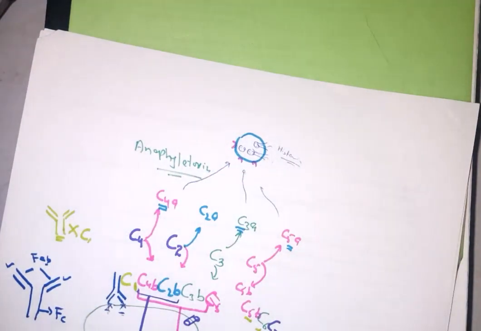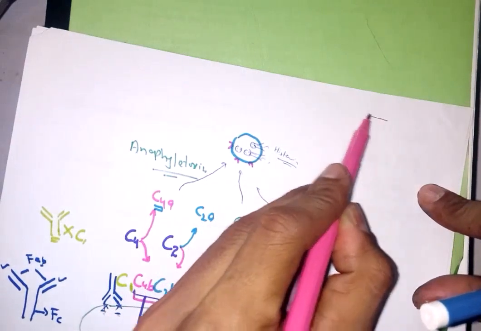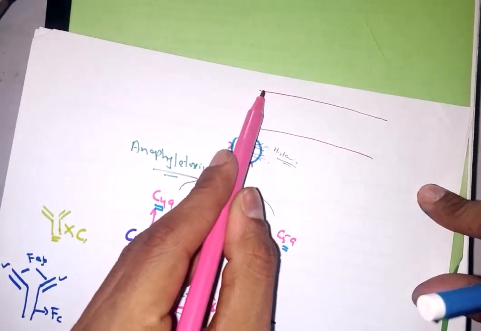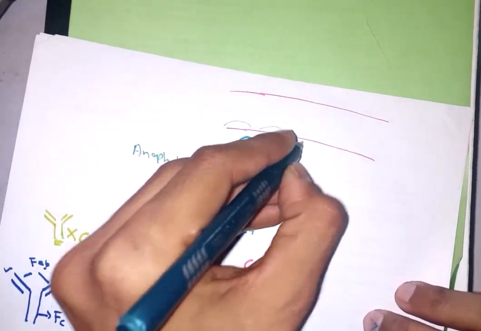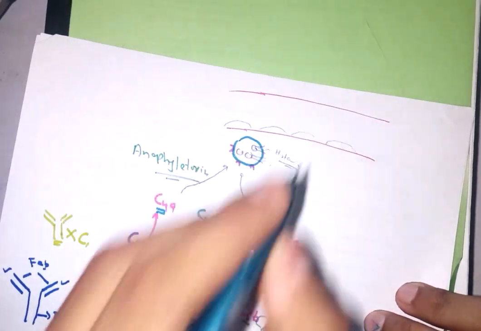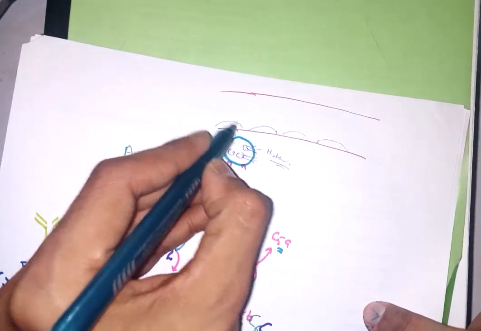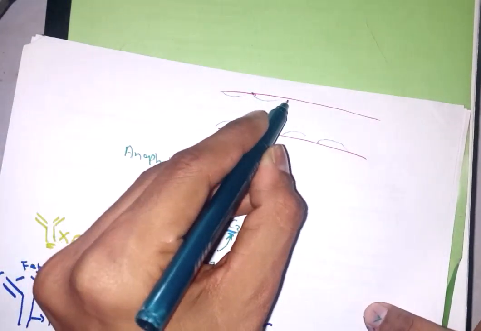Now what will happen? Histamine will have receptors on the smooth muscle of the nearby blood vessel and on the endothelial cells of the nearby blood vessel. So for example, these are the endothelial cells. When the histamine acts on the smooth muscle of the nearby blood vessel, it will cause vasodilation.